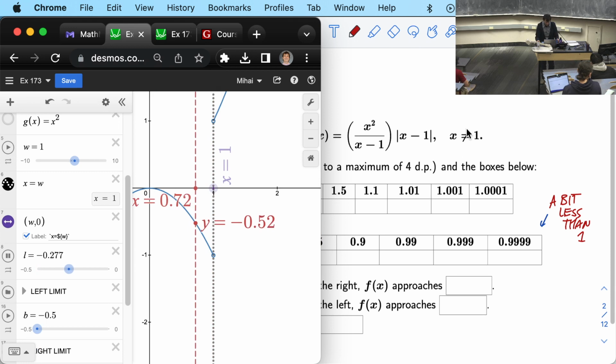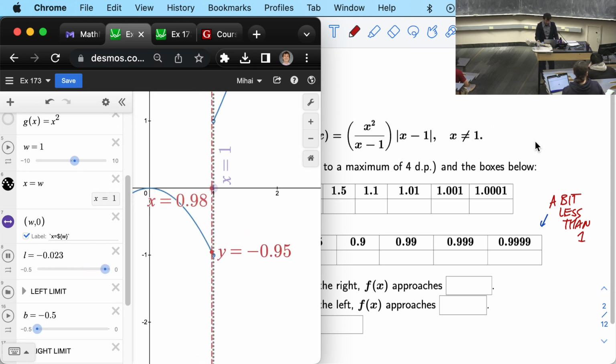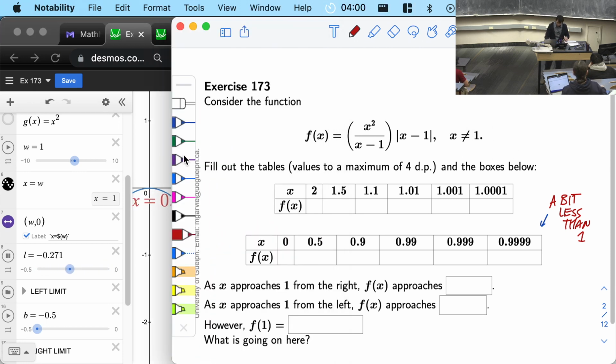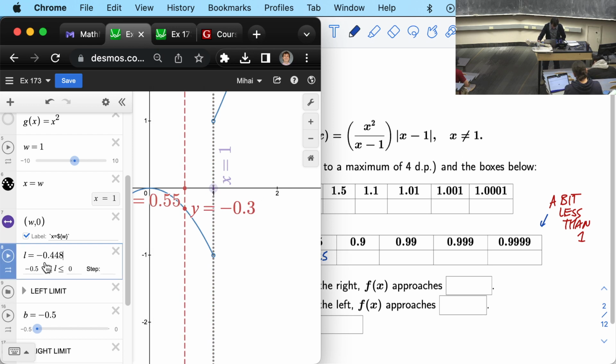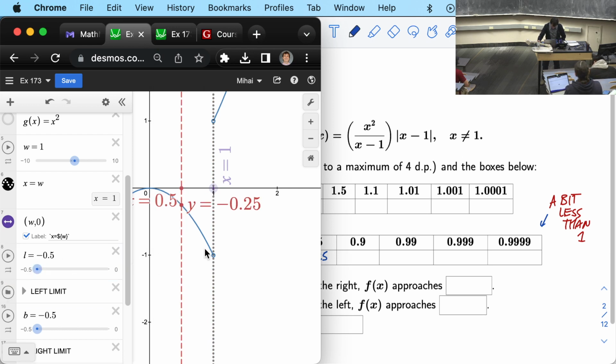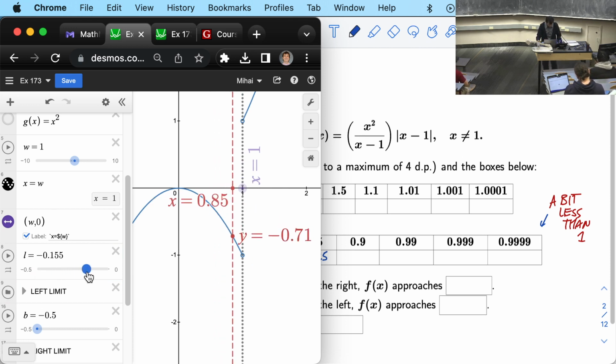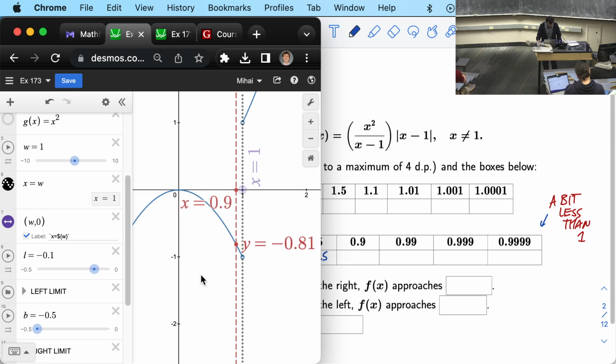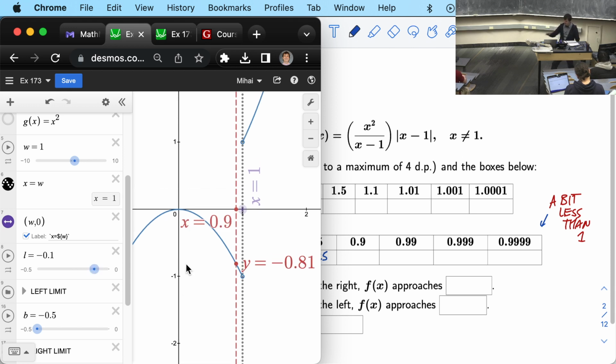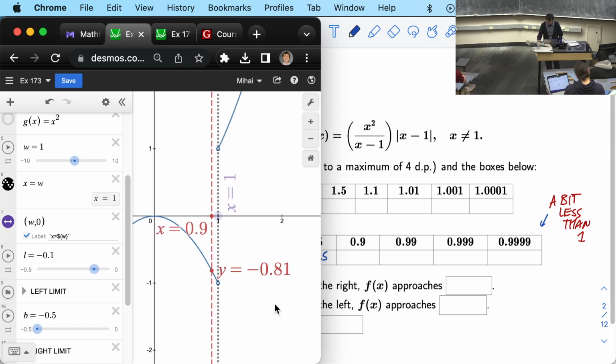Okay, so we can fill in some values. When x equals 0.5, the y value is what? It's negative 0.25. You can see that on the graph if I stop this and slide it to where I want it. When x equals 0.5, y equals negative 0.25. The next thing on the graph is 0.9. When I slide this forward a little bit more, now when x is 0.9, y is negative 0.81.